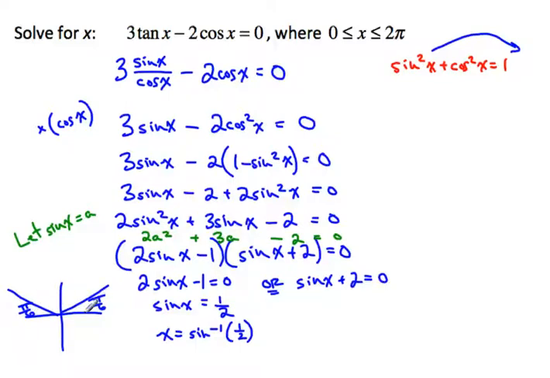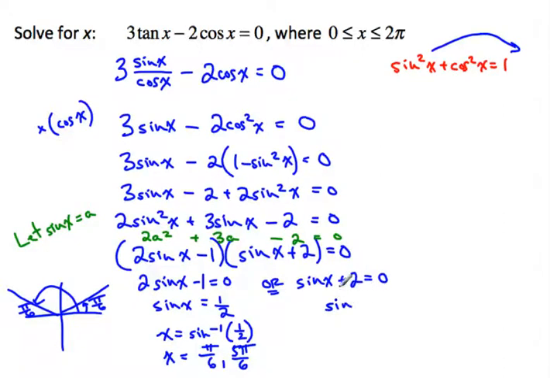Therefore, the principal angle, the angle from the positive x-axis, is either pi over 6 or pi minus pi over 6, which would be 5 pi over 6. So this left branch of the equation gives us x is equal to pi over 6 or 5 pi over 6. Now we go to the right branch of the equation.